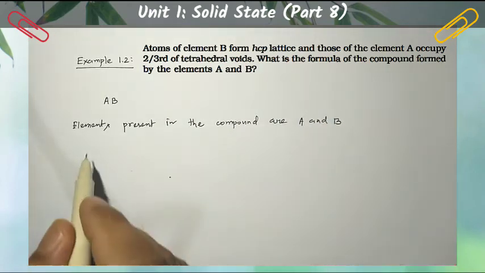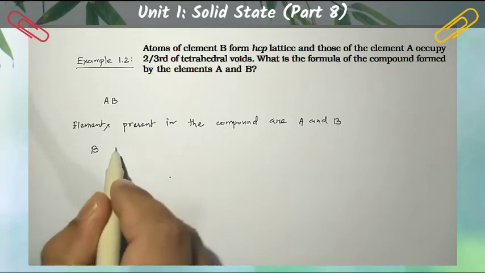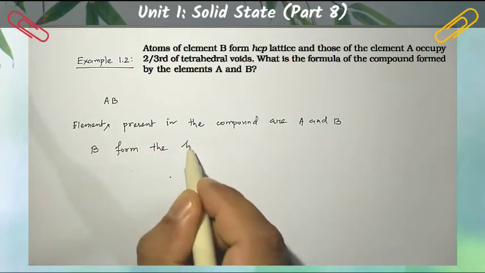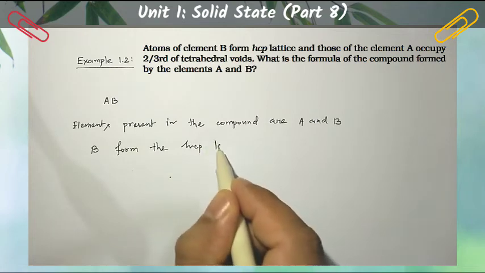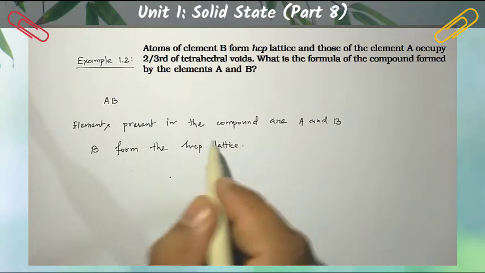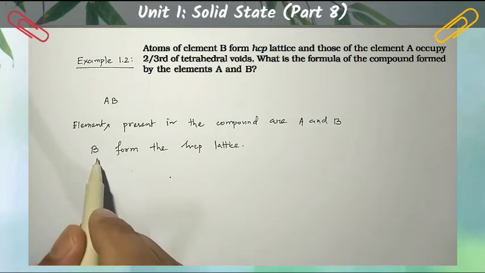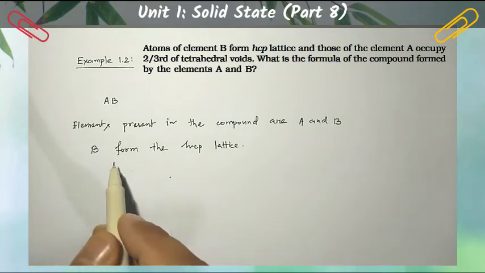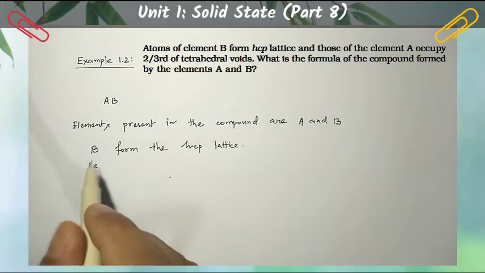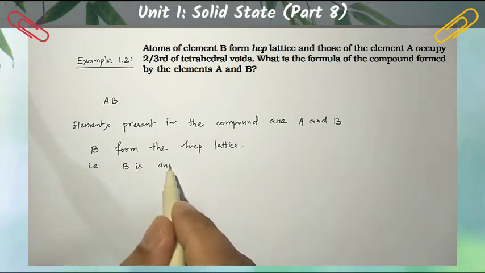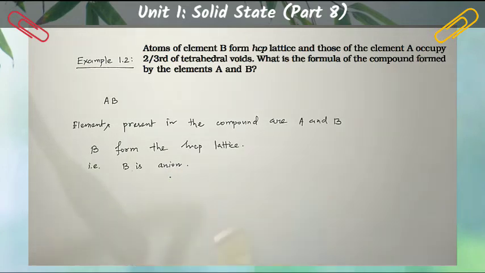But here again they said that B forms the HCP lattice. B forms HCP lattice means that it forms the packing structure. That means we can write that B is actually the anion.